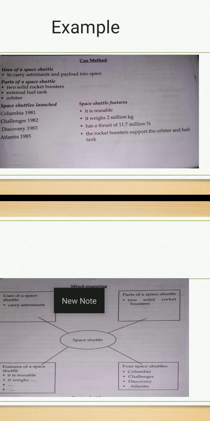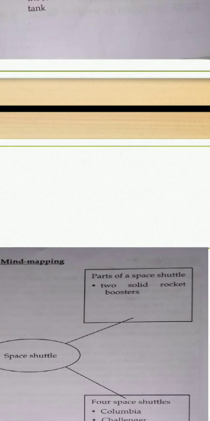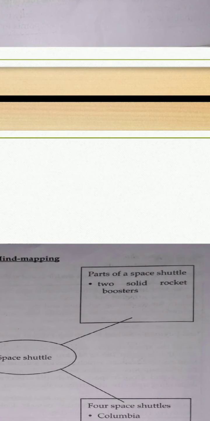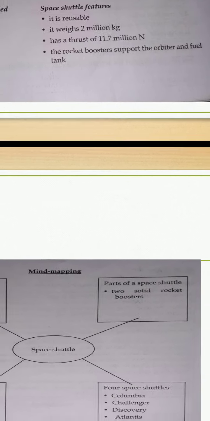If you go to the right side, the right top box mentions parts of a space shuttle: two solid rocket boosters.